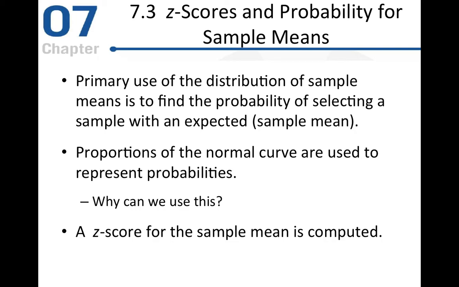And so we can apply what we know about normality to the sampling distribution. So we can compute a z-score for the sample mean and then use the unit normal table to collect information on the probability of obtaining some sample mean.